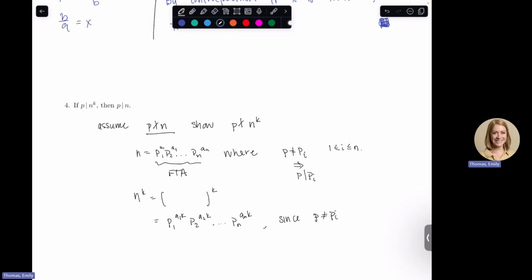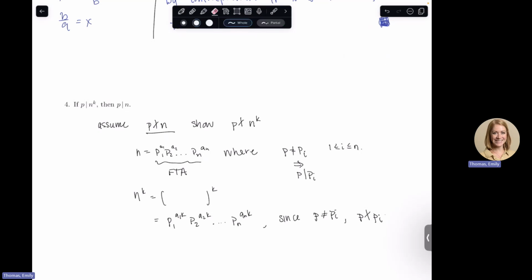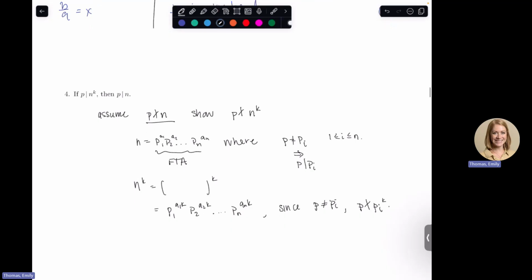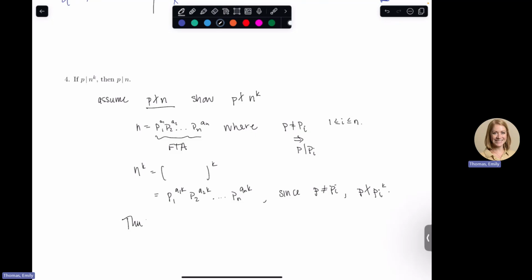And the same thing too, p will not divide p sub i to the k. Thus, p does not divide n to the k.